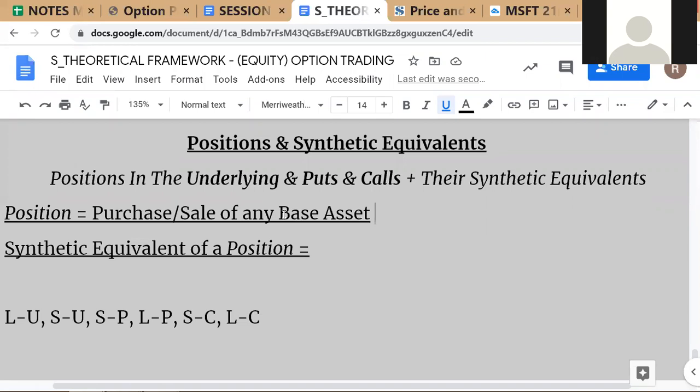So if we have that definition of base asset, we can write this short definition of a position: purchase, sale of any base asset, hence sale, purchase of any terms asset.